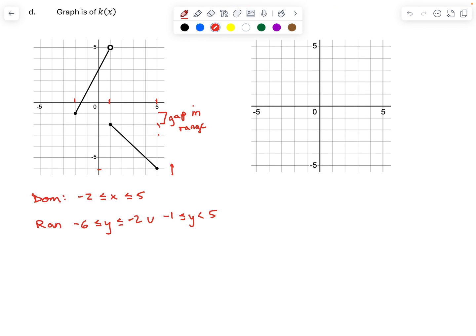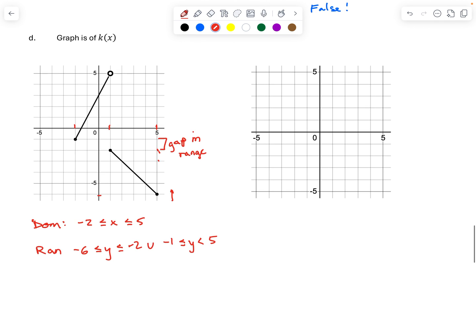So, yeah. Okay, so how do you graph the inverse? Basically, by far the easiest way is just plot points. Let's see. This point is at 1, 5, so the inverse will have a point at 5, 1.